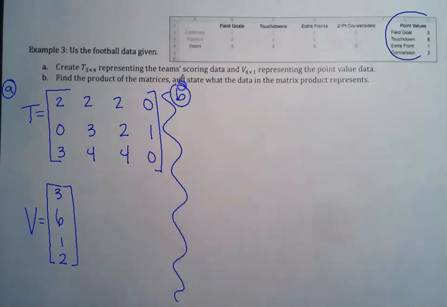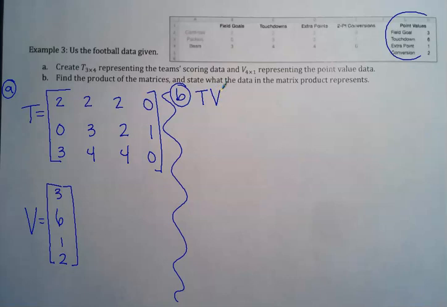Let's look at B. B wants us to find the product of the matrices and state the data in the matrix. It doesn't say which product, so I guess we'll do T times V, and then we could look at V times T even.